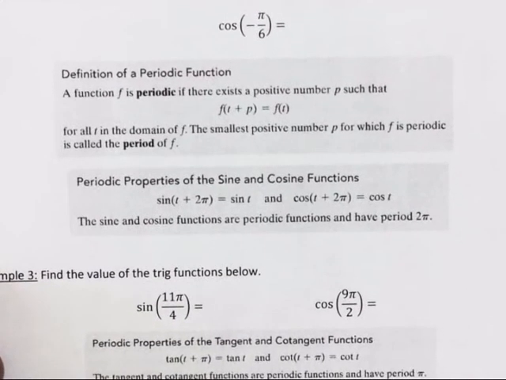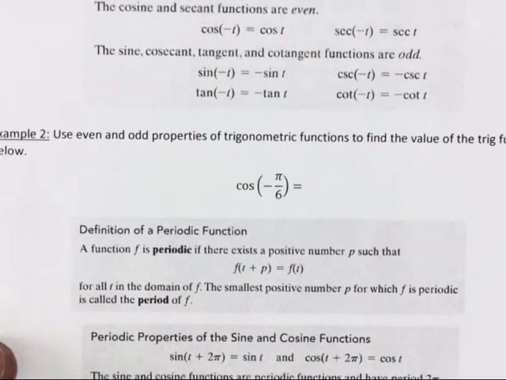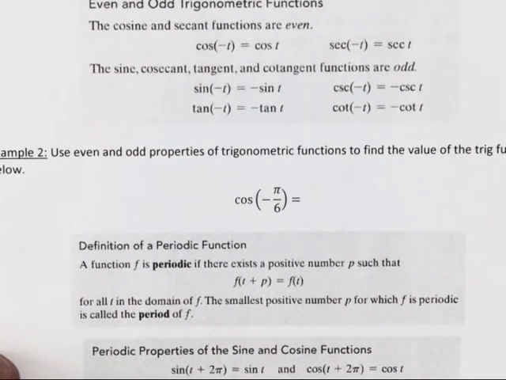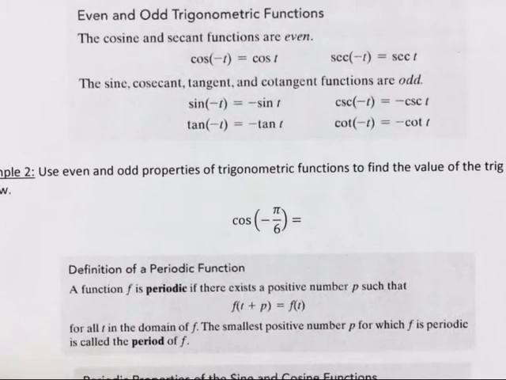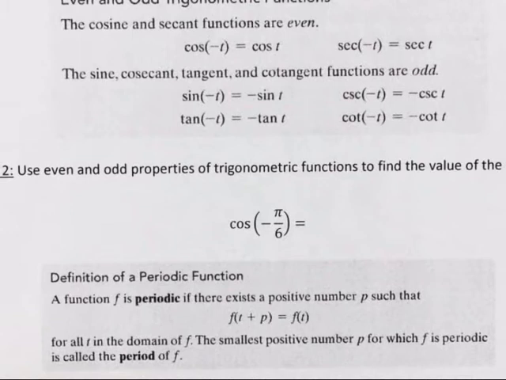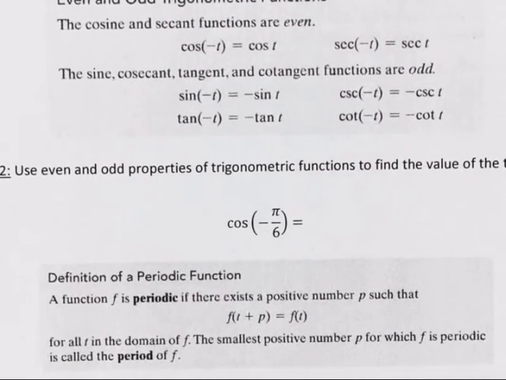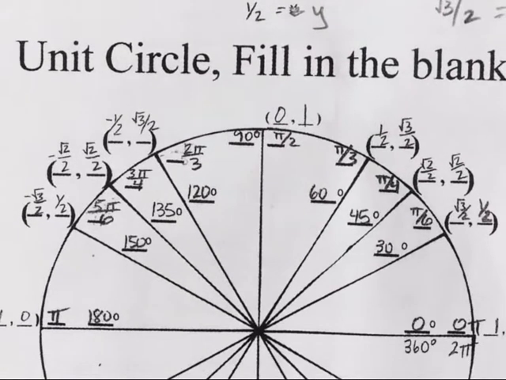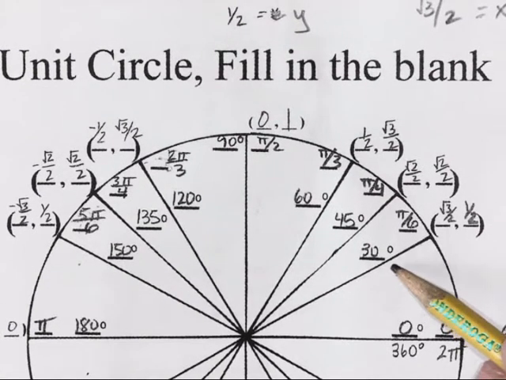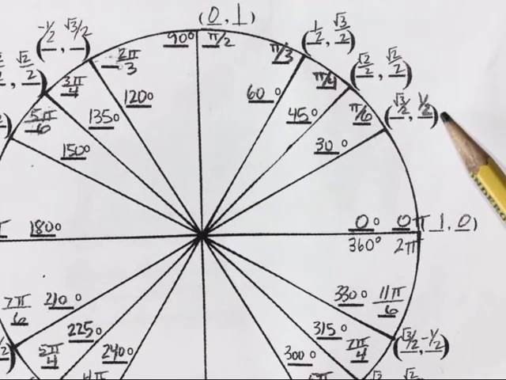And then for sine, tangent, cosecant, and cotangent, we call those functions odd, because the sine of the negative angle is actually the negative value of the sine of the positive angle. So let's take a look at that. Let's say sine of positive 30 is 1/2.